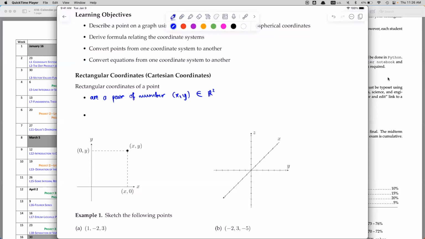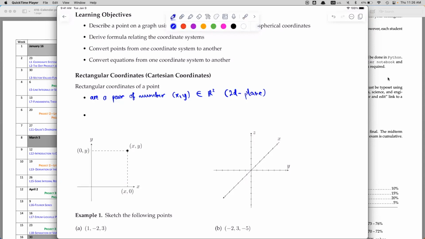When you have the 2-dimensional case, this is called a 2D plane. So right here, this is the 2D plane. You have a point on the x-axis, a point on the y-axis. You connect the x and y together, a point on the xy plane.